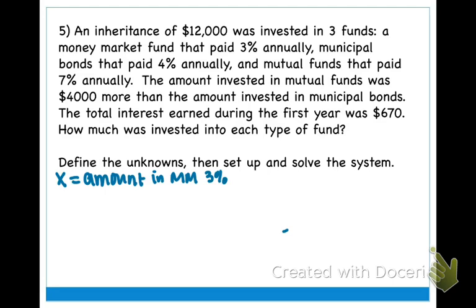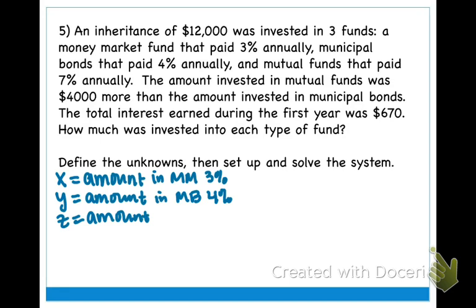So every time I see money market, I could replace that with X. Y is going to be the amount in our municipal bonds, which is the 4%. And then I'm going to have Z be the amount of money that was in the mutual funds, or 7%.